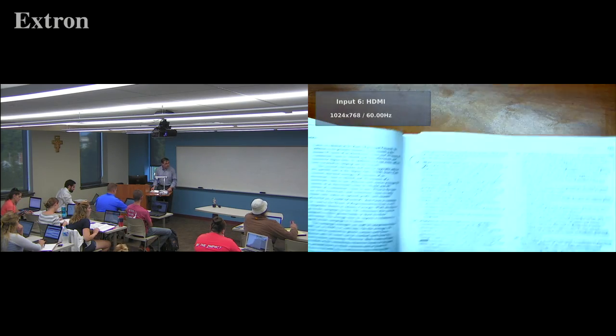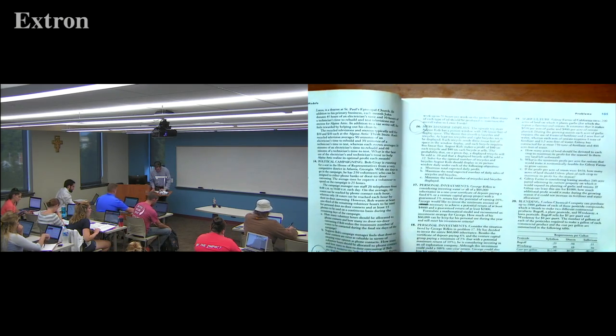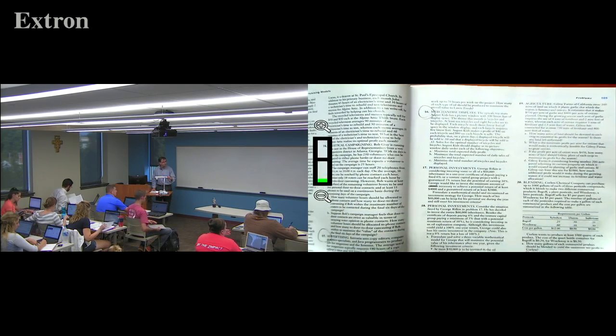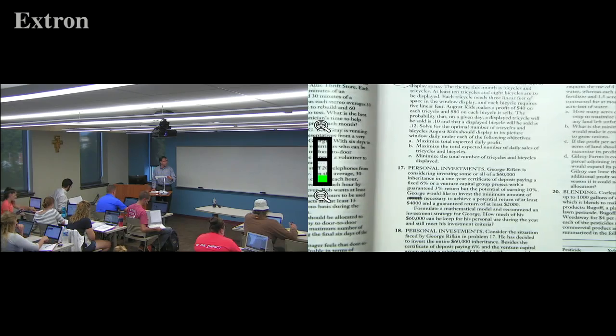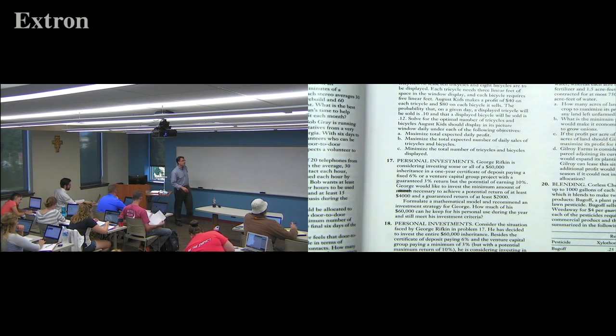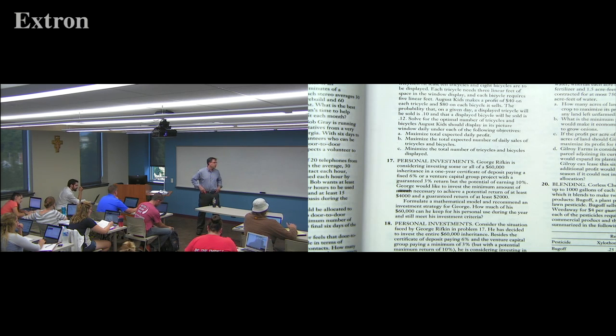This one is on page 105, and it's number 17. It says, George Rifkin is considering investing some or all of a $60,000 inheritance in a one-year CD paying a fixed 6%. You can tell this book's old, no CDs pay 6% anymore.